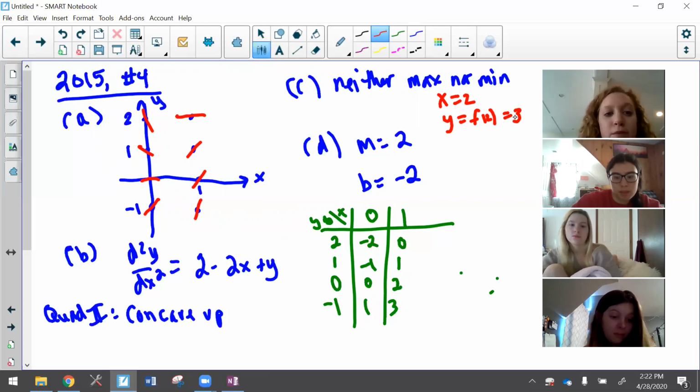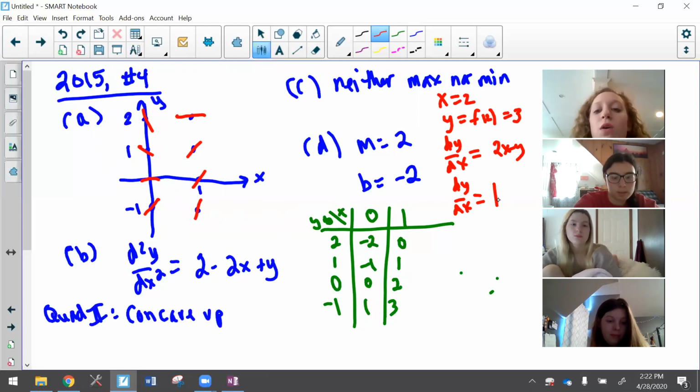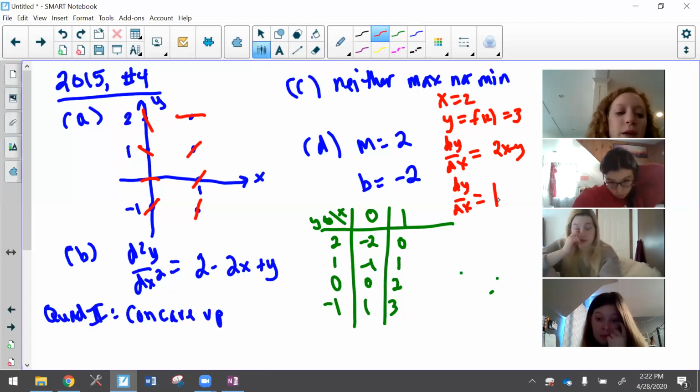That's what I'm told. And then I have my equation, dy dx is 2x minus y. So when I substitute in, that gives me dy dx is equal to 1. Oh, okay. So it's just not a critical point. Right, it's just not a critical point, so it can be neither a max nor a min. Okay, thank you. Sure. Okay, anything else?